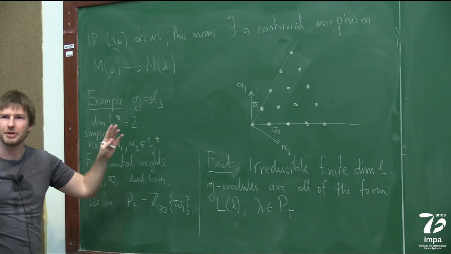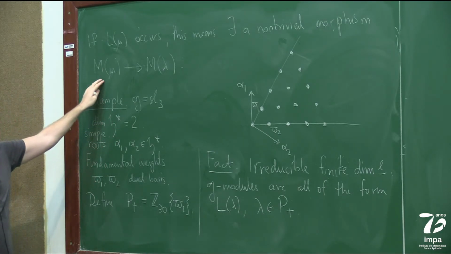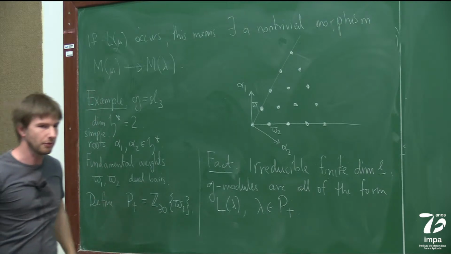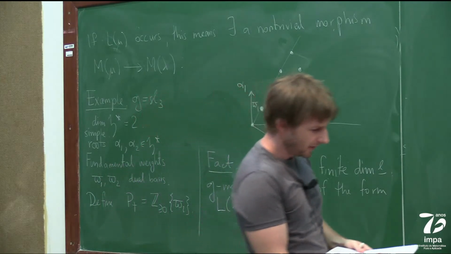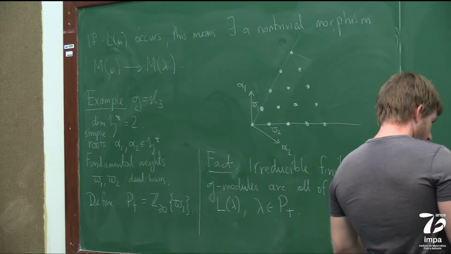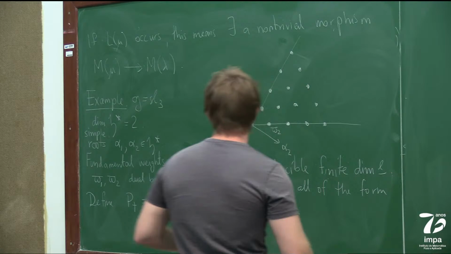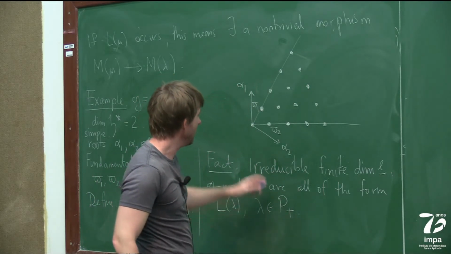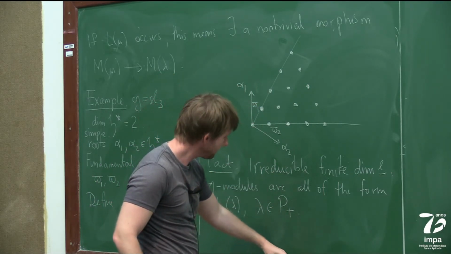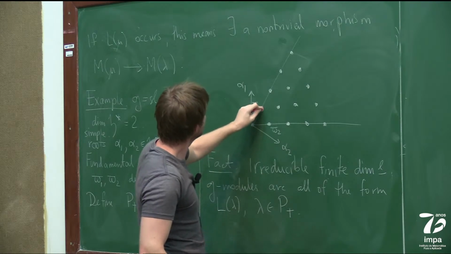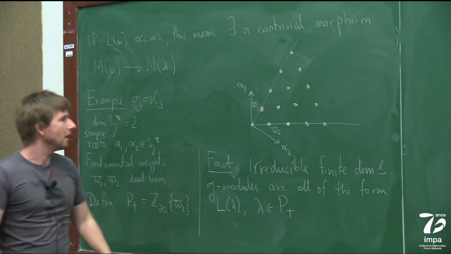For what I want to say, it doesn't matter whether there's a morphism from the Verma or not. A morphism from the irreducible suffices. Anyway, suppose I took a weight, like this weight, for example. I'll call that lambda.